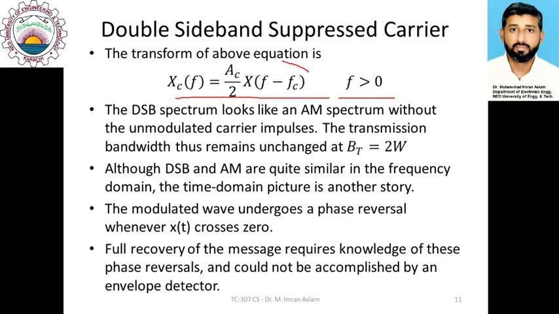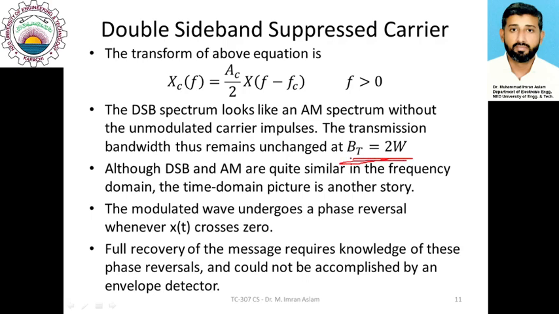If you compare this expression with the previously mentioned expression for AM spectrum, you would see that it has the same form, except that it does not contain the impulse related to the unmodulated carrier. Other than that, the spectrum is exactly the same. So the transmission bandwidth of the signal is also the same, which is 2W.